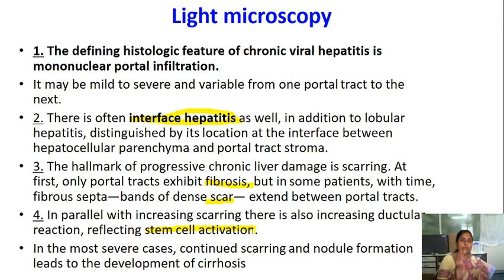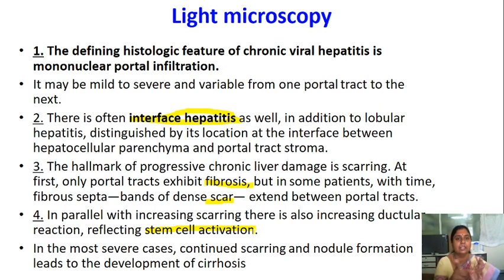So it is in the portal tract, and if at all there is a parenchymal involvement, it is only periportal, that is called interface hepatitis. And then the other feature is your fibrosis. If you remember, what is chronic inflammation? Chronic inflammation is where you are having an ongoing inflammatory process and the repair both occurring, ongoing necrosis, ongoing inflammation and ongoing repair by fibrosis, all together.